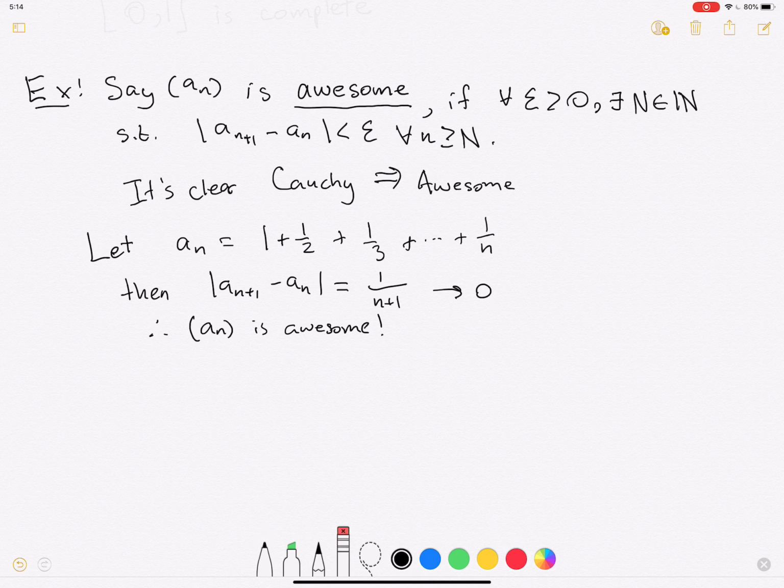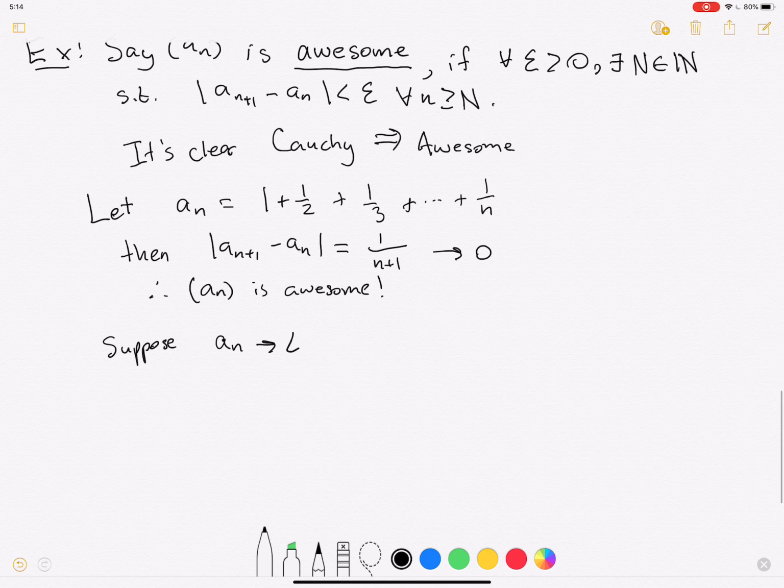Now, suppose that a_n has limit L. L is equal to 1 plus 1/2 plus 1/3 plus, just keep writing terms, 1/6 plus 1/7 plus 1/8, and so on.